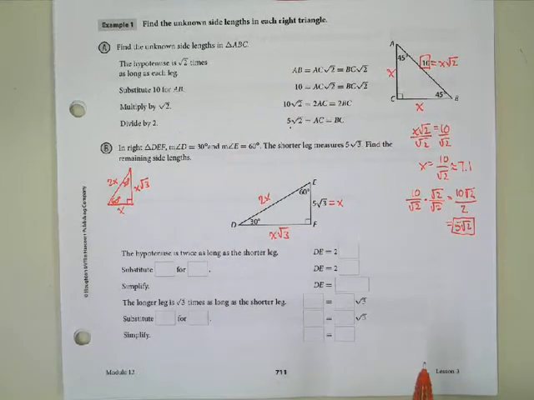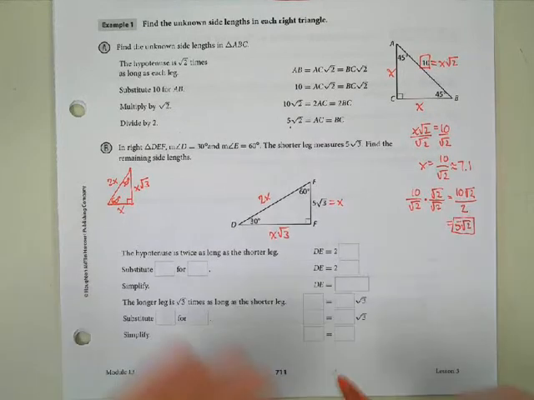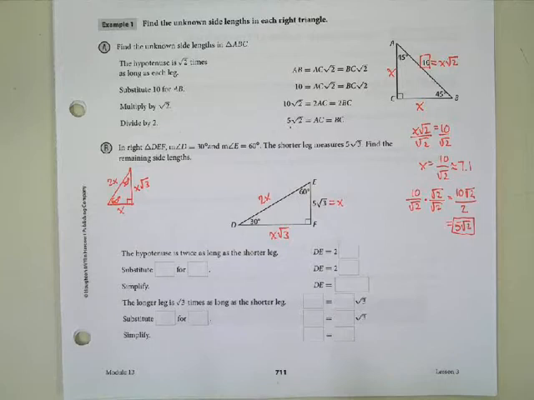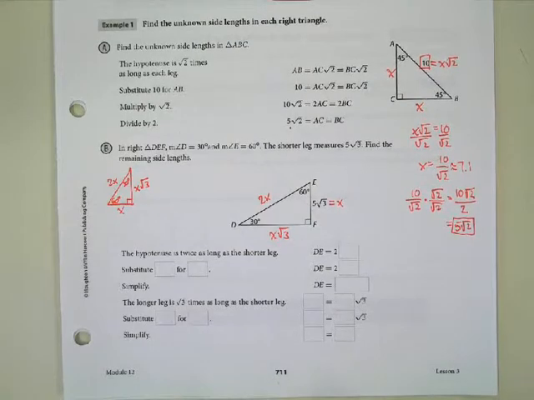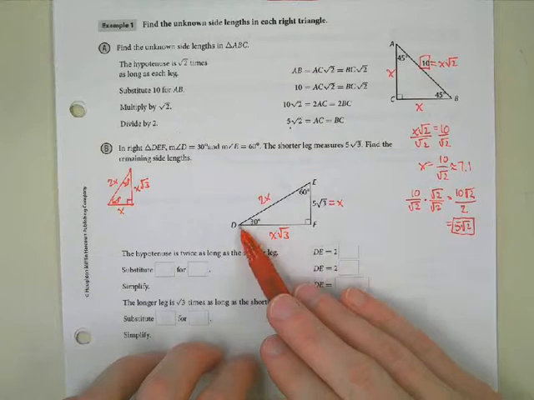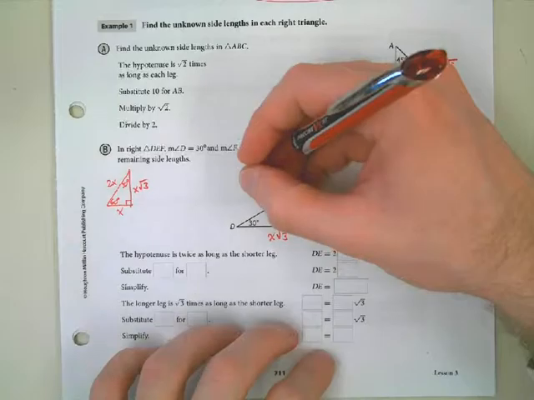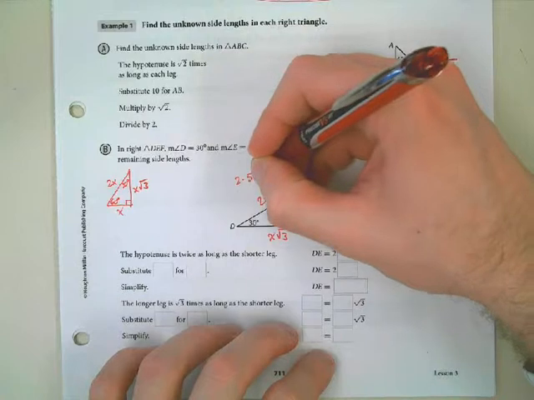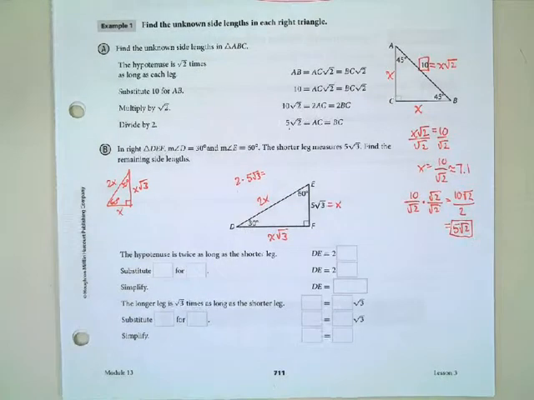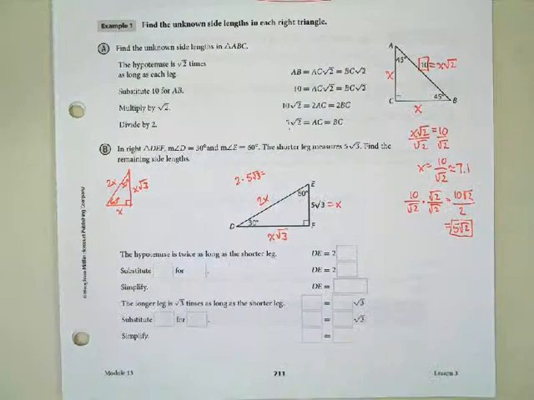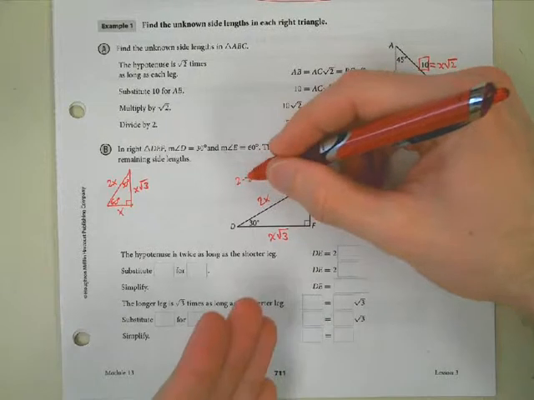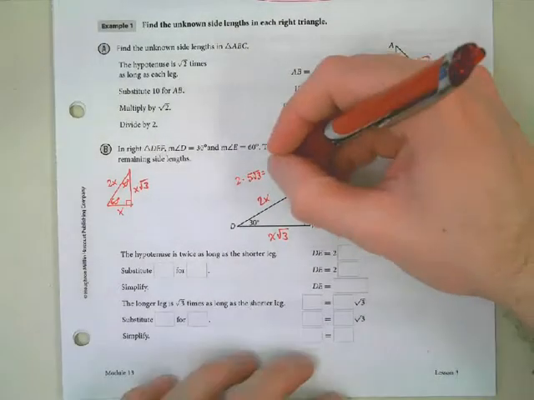What do I say that x is equal to? 5 times square root of 3. That's right. So how are we going to find the hypotenuse? 2 times 5 times square root of 3. Yep, which is equal to what? When you simplify that, what is 2 times 5 square roots of 3? 10 square root of 3. So that's this side. Just the x is 5 square roots of 3, so we just do 10 times the square root of 3.